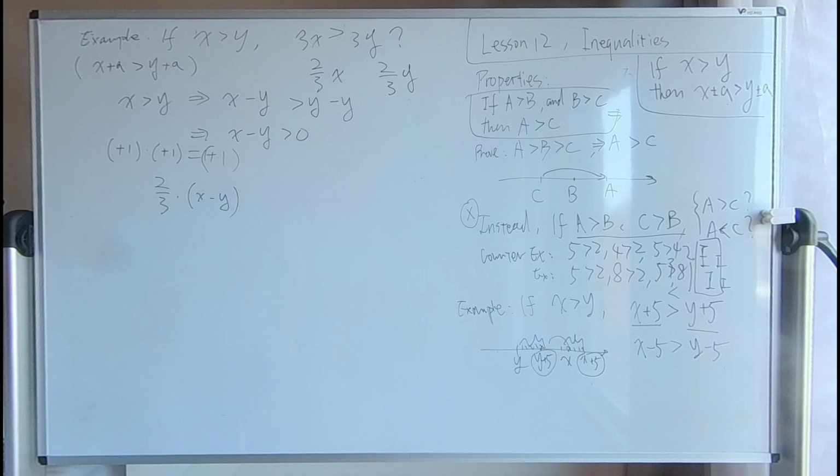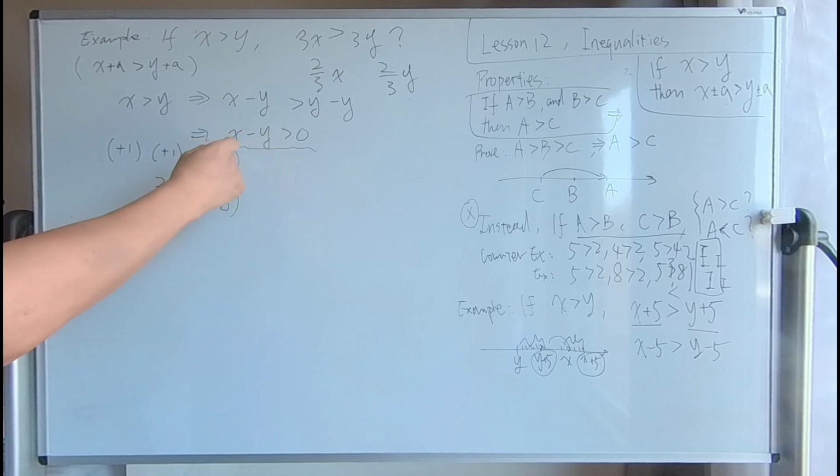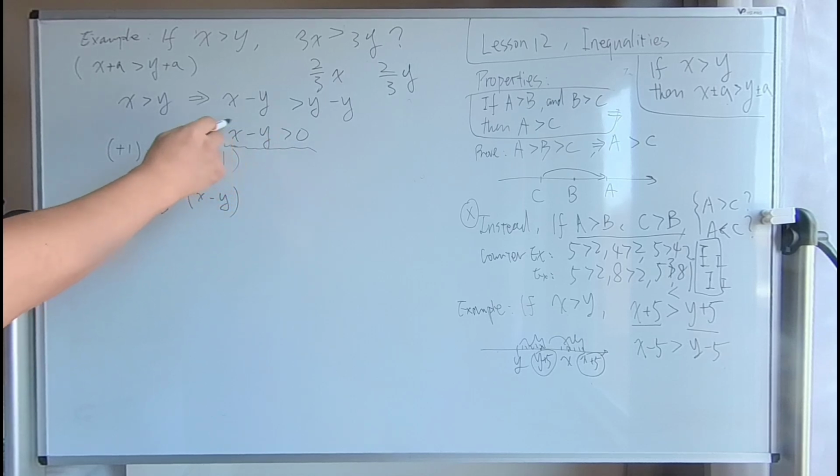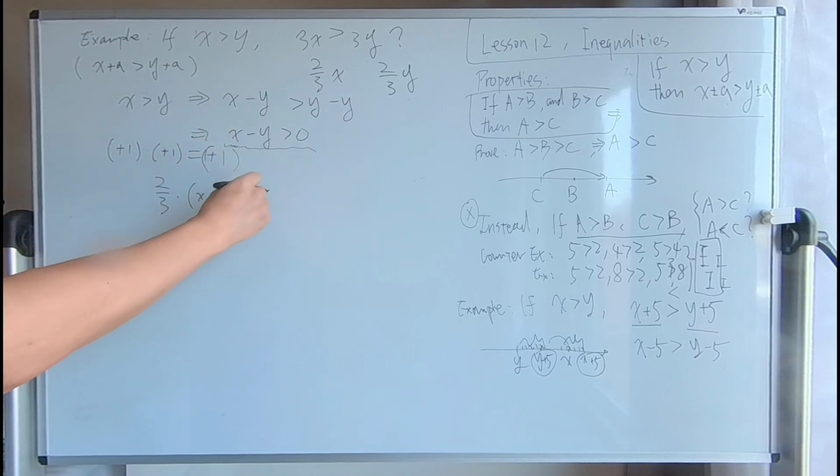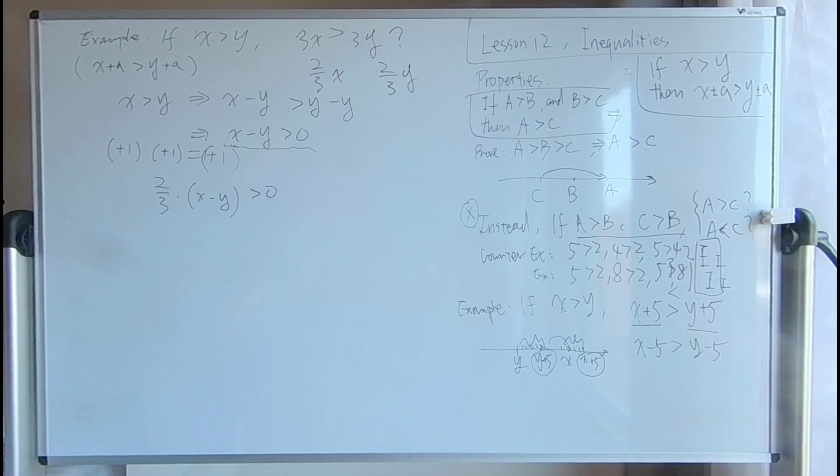I only need to know whether it's positive or negative, which means I only want to know whether this is greater than 0 or less than 0. So by assumption x minus y is greater than 0, so x minus y together is a positive number, my 2 over 3 is also a positive number, so the product of these two must be a positive number, so it must be greater than 0.